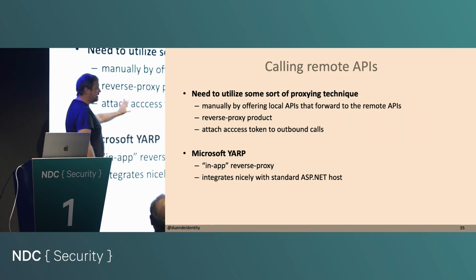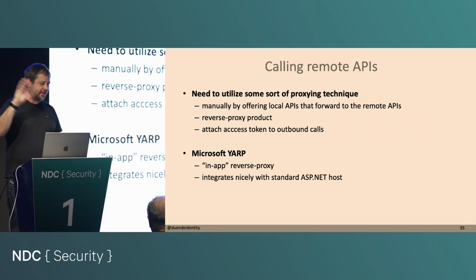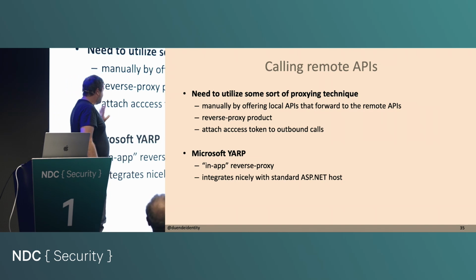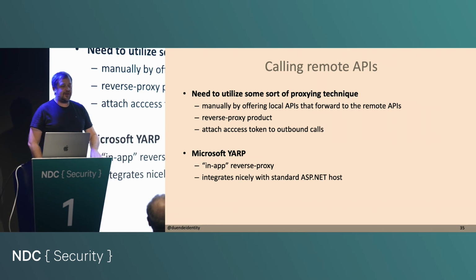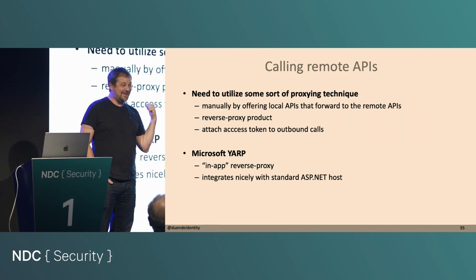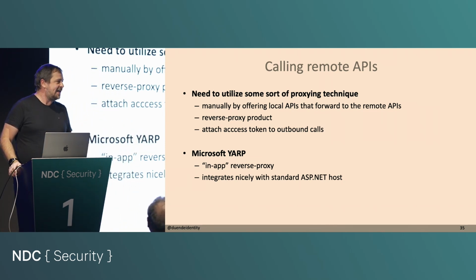Now, there are many ways to do that. You could run a real reverse proxy. We have customers doing this with Kubernetes ingress controllers and all kinds of things. What I really like is a package from Microsoft called YARP. It's easy to Google YARP, it's going to be your first hit, but it's a really stupid name. It stands for yet another reverse proxy. Okay?